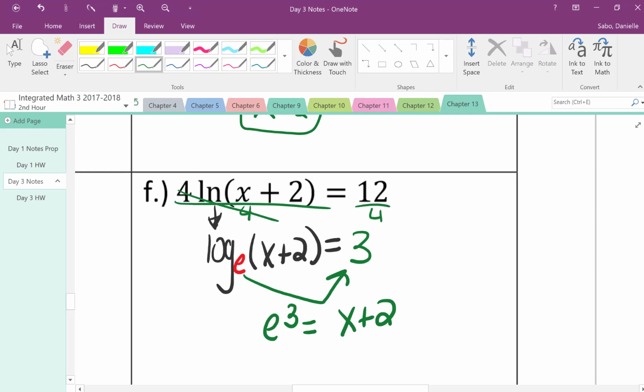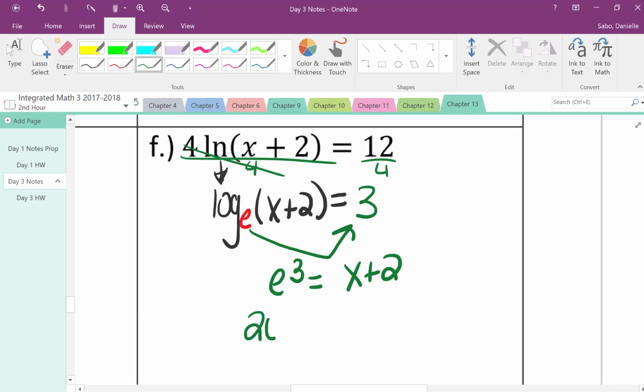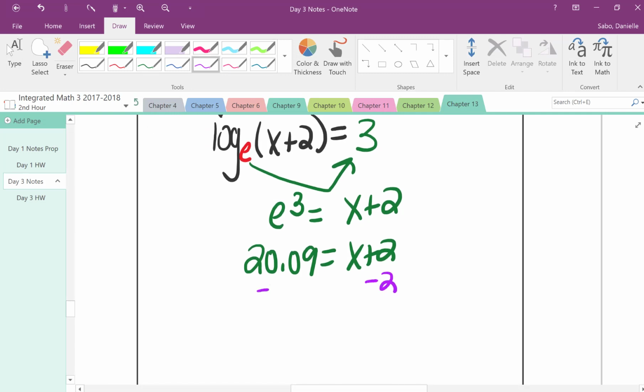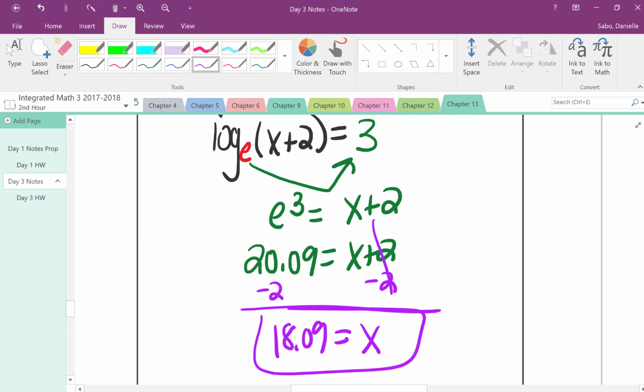Well, get out your handy calculator and put that in. 20.09, good. So I have 20.09 equals x plus 2, and then I subtract 2, and I get x equals 18.09 something. So I wanted to write that one out for you in case you needed it, because sometimes we get confused. Remember, you have a calculator that tells you.